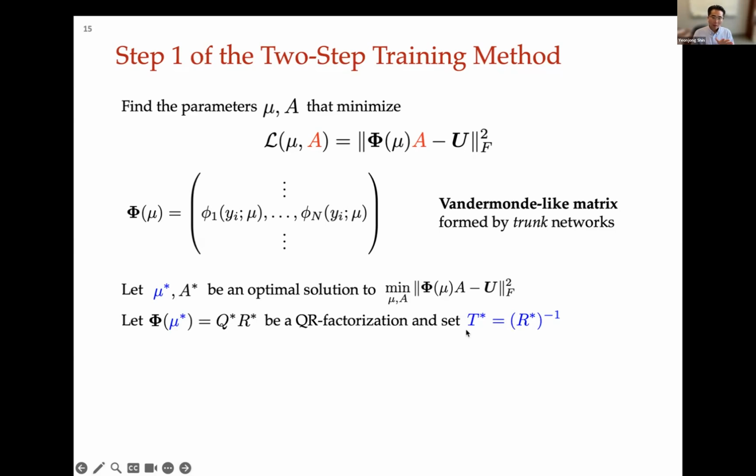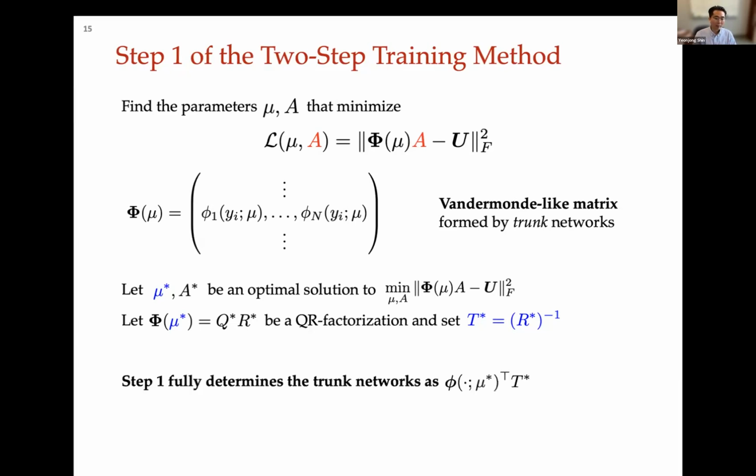Note that QR factorization can be thought of as an orthonormalization procedure, so it can be viewed as applying it on the trunk network so that each of the trunk basis functions is orthonormalized with respect to the points we have. Then we decide mu star and T star, which completely determines the trunk network. So that's step one.